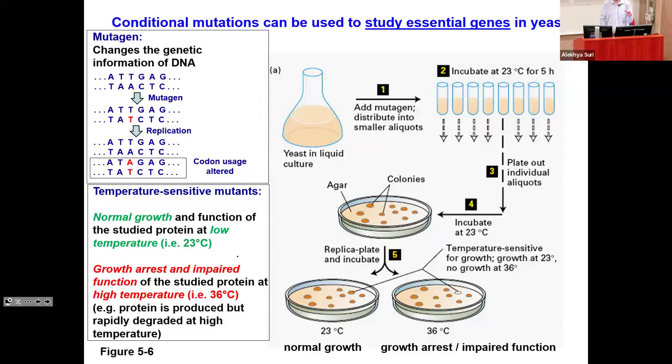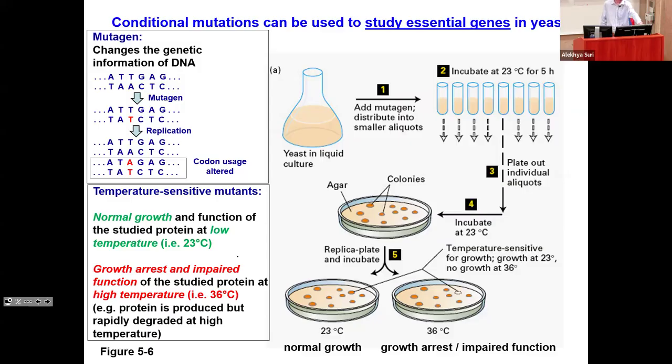You would use this at a very low level to introduce a low level of mutations. So you would introduce just a single mutation to change just the sequence of one nucleotide.